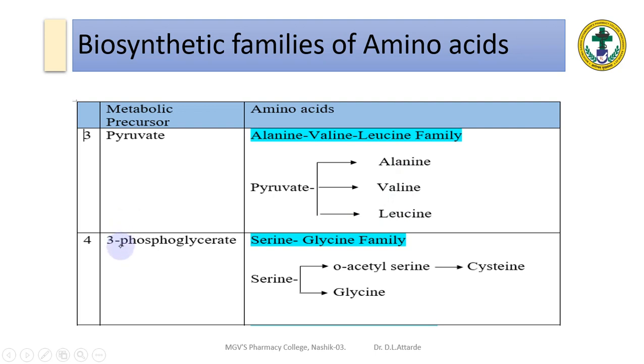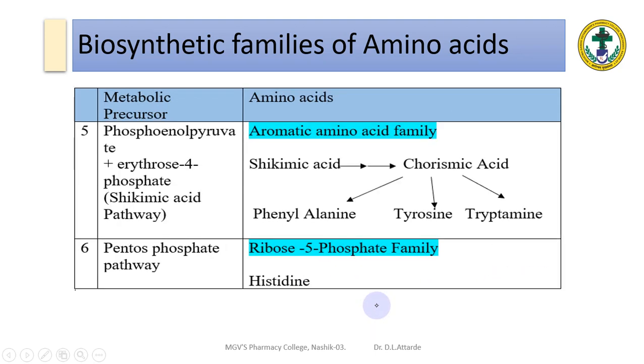In the initial stage of glycolysis of glucose, 3-phosphoglycerate gets involved in the formation of serine and glycine. That is, serine may give you cysteine, or it may give you glycine. The fifth part is the aromatic amino acid family through shikimic acid formation.